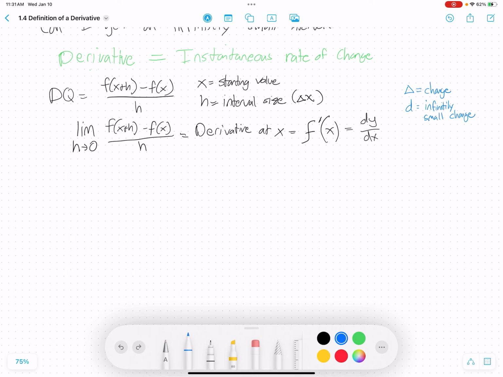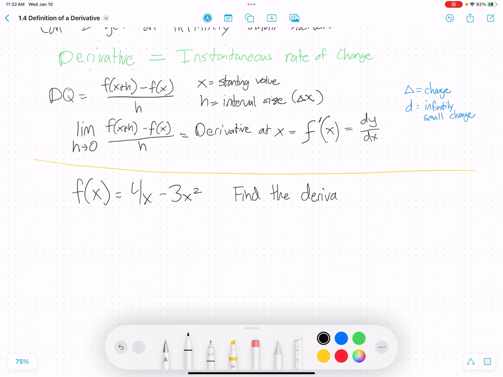So let's try this out with a function, okay? Let's see if we can find the derivative for a function. I'll give you a function. The function is 4x minus 3x squared, and I want to find the derivative at x equals 2.